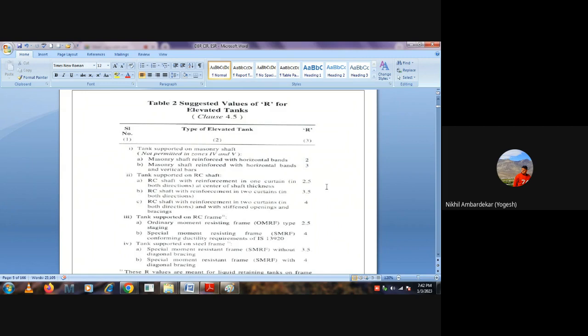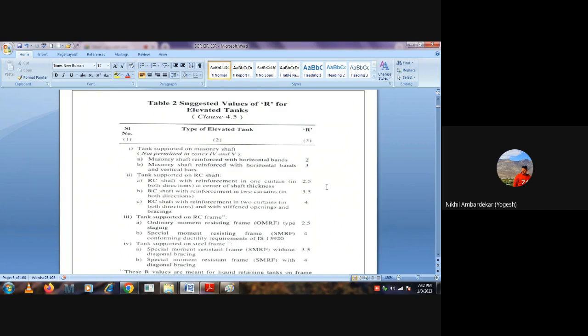Only a circular raft will be there, so this is also not our case. Same with the second, RCC shaft with reinforcement in two curtains. Though we have two layers of reinforcement, still not correct. C, RCC shaft with reinforcement in two curtains in both directions. Still it is not correct as per our scenario.